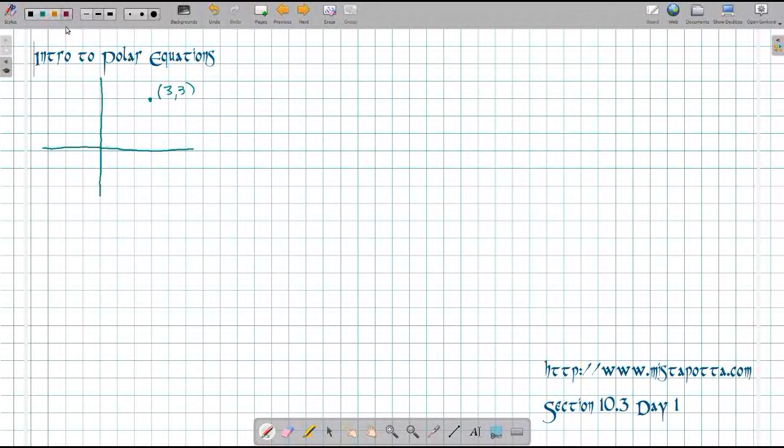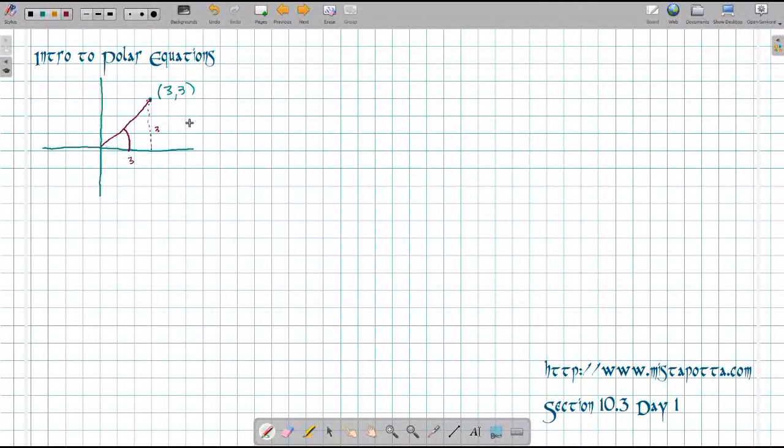When we're dealing with polar coordinates, though, we're talking about the distance that we go from the origin, or from the pole, along with some angle from the positive x-axis. So this angle we can determine because this does make a right triangle with legs 3 and 3.